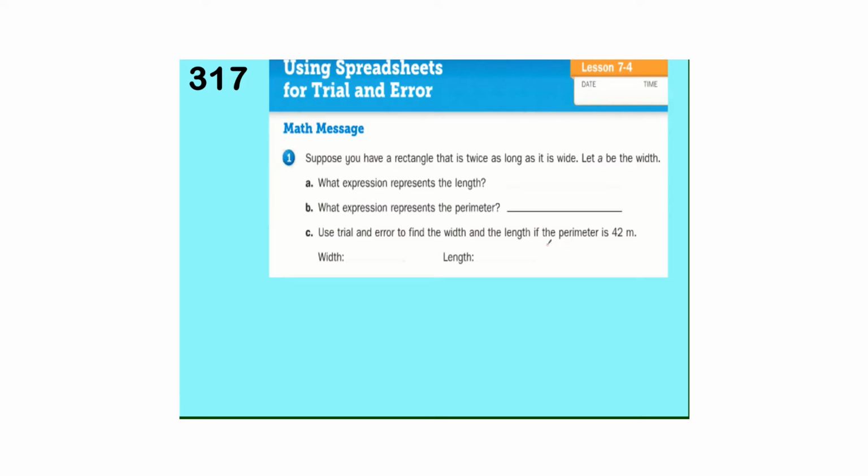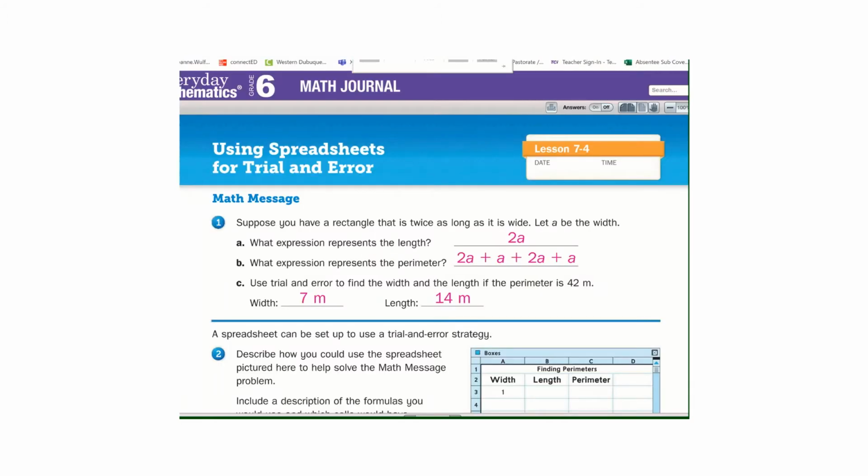All right, if the perimeter is 42, it wants you to find the length and the width. The width is A and the length is 2A. Go ahead and pause and experiment and try to figure that out. And there you would have 7 meters and 14 meters.